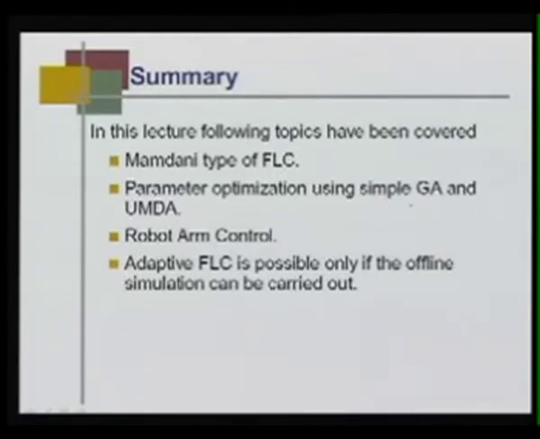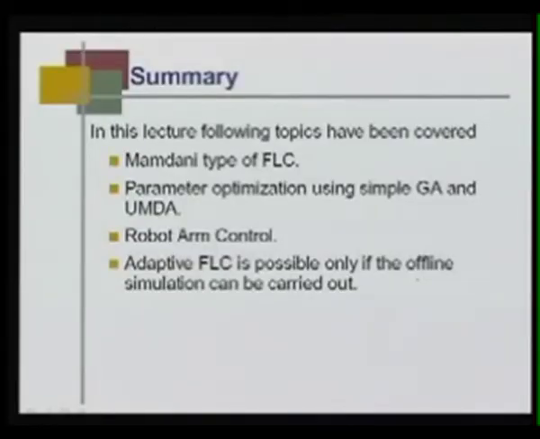We demonstrated how these two optimization schemes work for robot arm control, but we give a caution here that adaptive fuzzy logic control is possible only if the offline simulation can be carried out. Today we gave you some idea about how we do parameter optimization of a fuzzy logic controller.